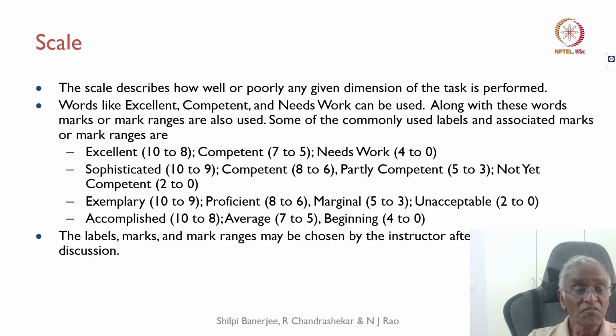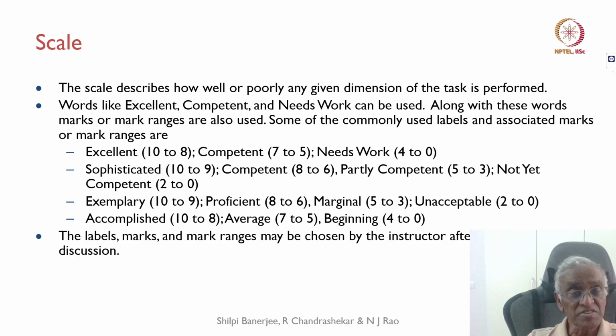For example, some commonly used labels and associated mark ranges: if you consider it excellent, then 10 to 8 is the range of marks that you give. So even if it is subjective, your subjectivity is now reduced to between 10 and 8. If it is competent, 7 to 5; it needs more work, 4 to 0. These are only 3 levels that we have chosen.